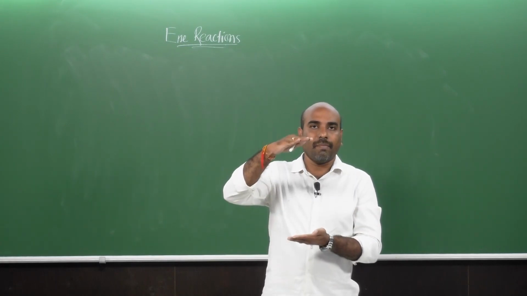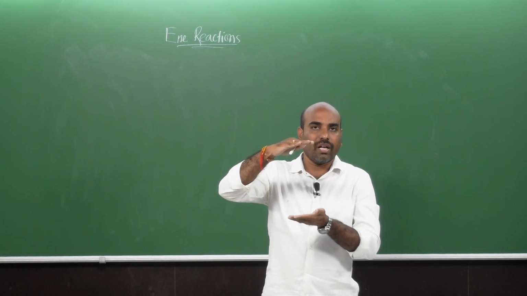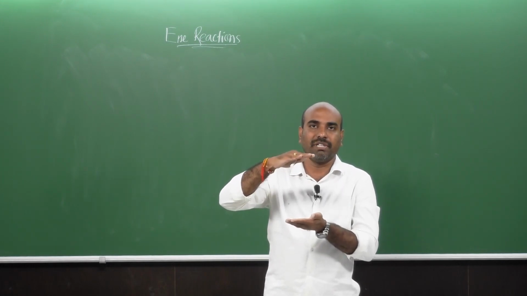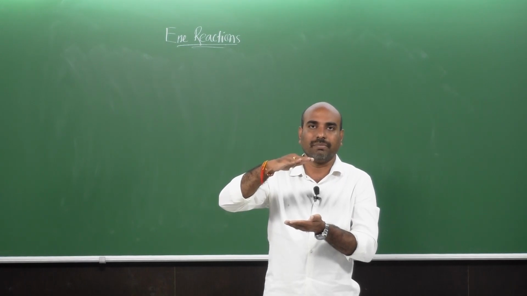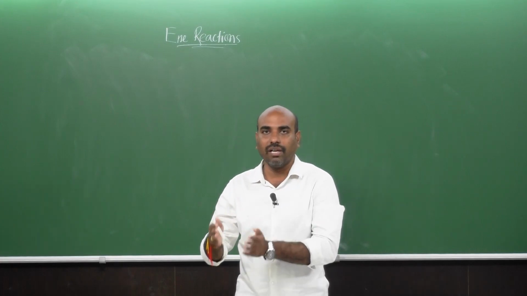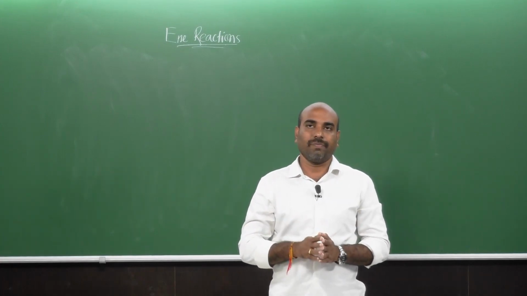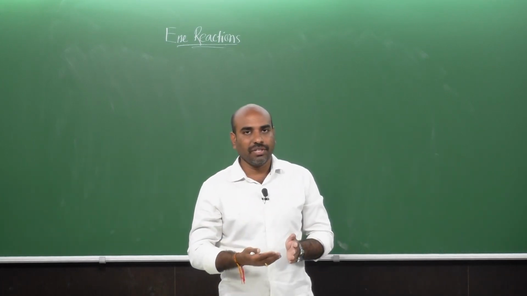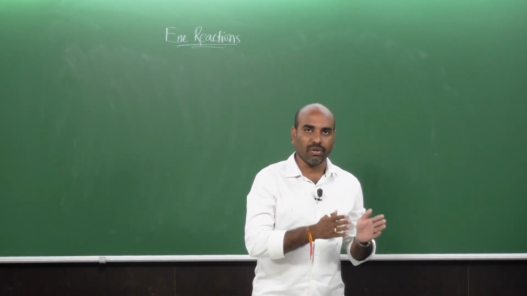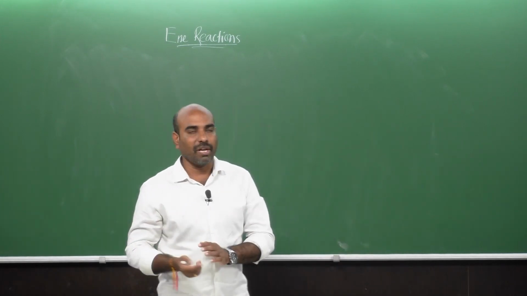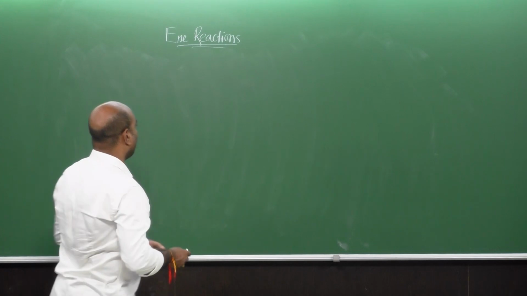If somehow the LUMO and the HOMO come closer to each other, that means the difference of energy between them is decreasing, then the reaction would happen with a low activation energy itself, right. So, for that what we need to do is, first we need to identify the HOMO from the ene component and then the LUMO from the enophile component.